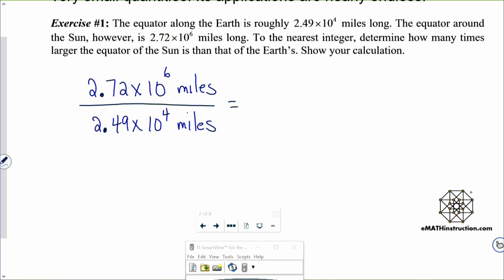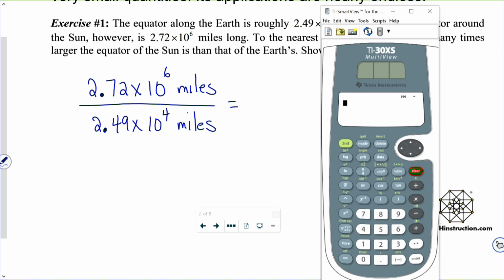Now this is where I'm going to use my calculator. Remember, I want to put those numbers in parentheses when I've got division going on. So I've got 2.72 times 10 to the 6th, the number of miles in the equator of the Sun, divided by 2.49 times 10 to the 4th miles of the equator of the Earth.